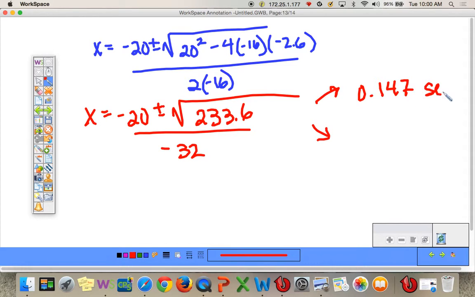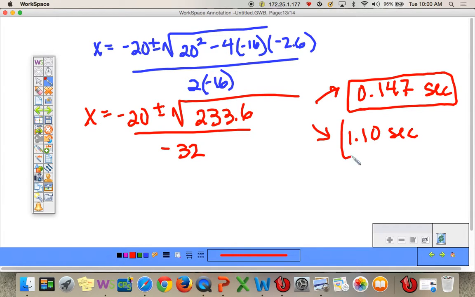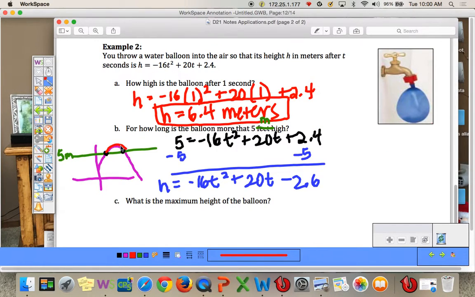Okay, so this is seconds. And then let's do negative 20 minus the square root of 233.6. Enter. Divide by negative 32. And 1.10 seconds. So between 0.147 seconds and 1.1 seconds, our ball is above 5 feet.